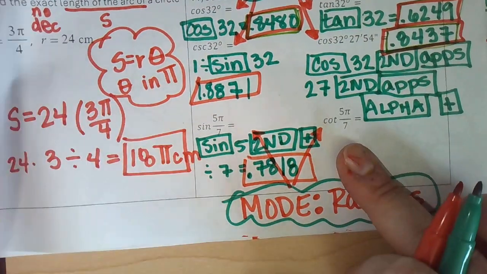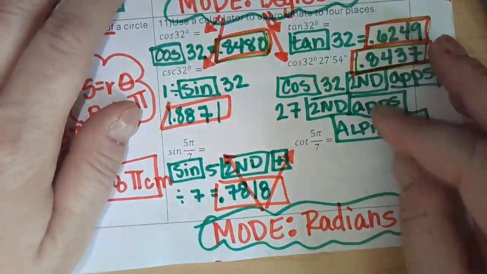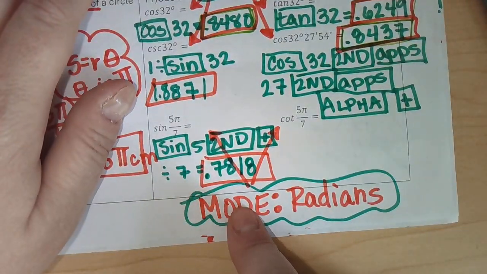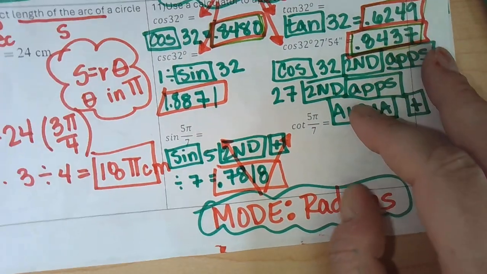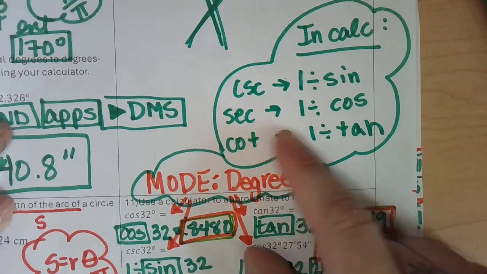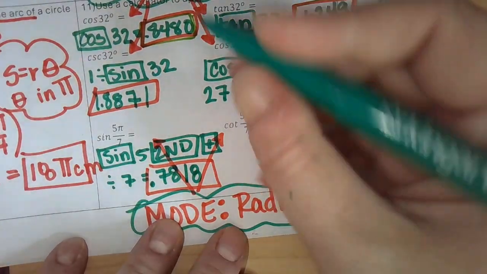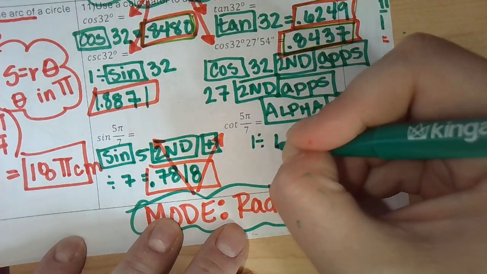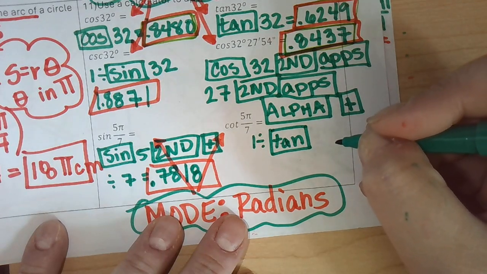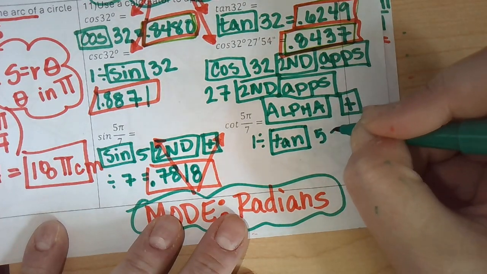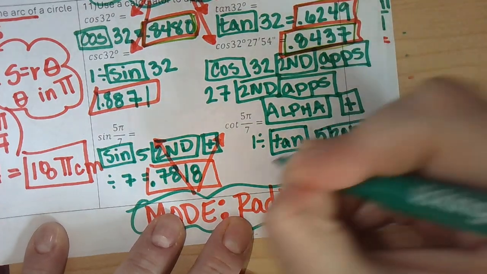For this last sucker, we have to keep our mode in radians. We're still going to use that second plus to get the pi, but this time to get cotangent, we're going to type 1 divided by tan, because cotangent is a reciprocal. So 1 divided by tan, 5, then second plus, divide 7.